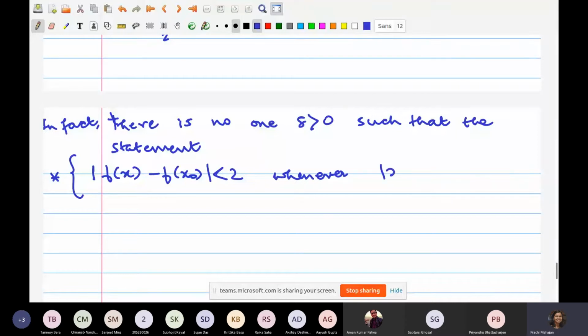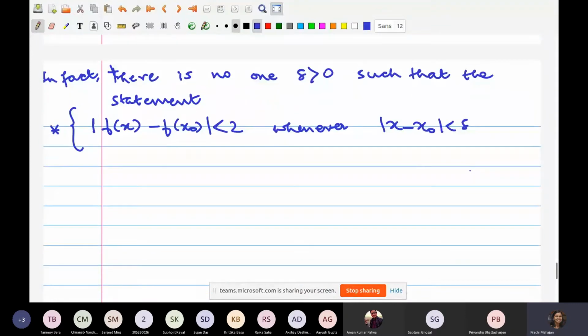I have fixed epsilon equal to 2, looking at the neighborhood of f of x0 of length 2. Then there is no single delta such that if I pick points in the delta neighborhood of the point x0, then f of x will land in the neighborhood of f of x0.